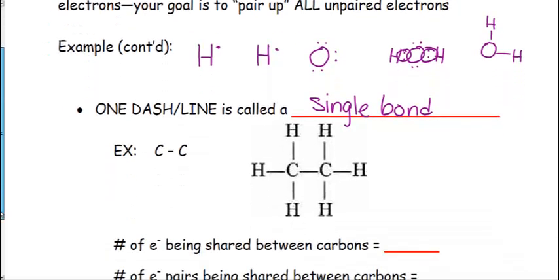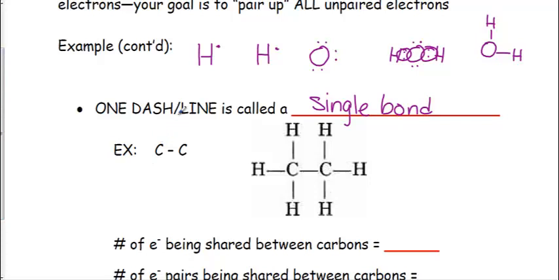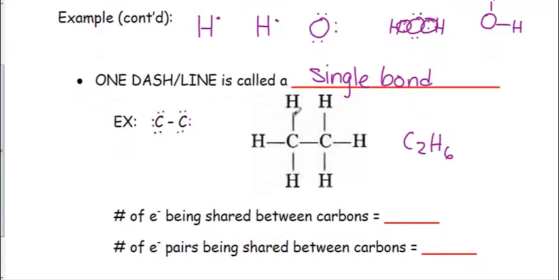So for example, we have here a bond between 2 carbons, and then we also have all of these empty spots here, which will allow for sharing of 2 electrons. So if we put hydrogens in there, this would be C2H6. Okay, and basically what we're indicating here is that there's a sharing of 2 electrons on either side of the carbons.